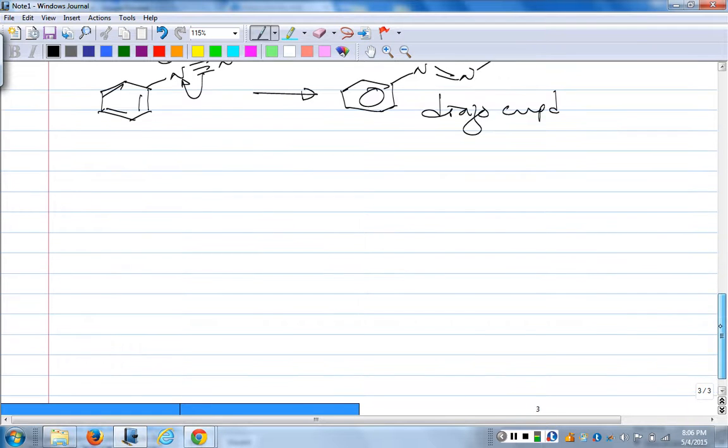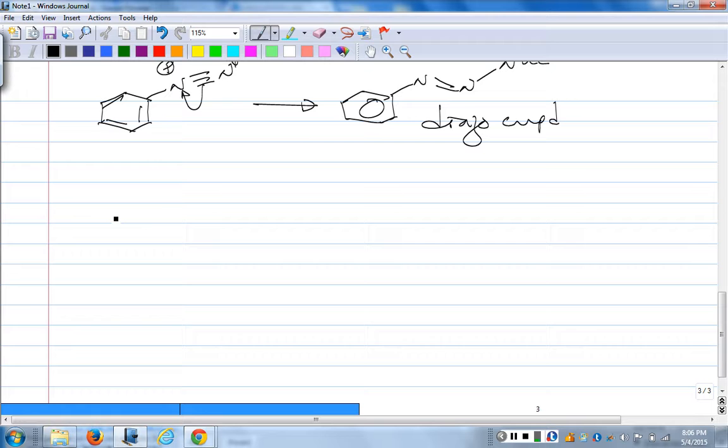The nucleophiles vary a great deal. The only ones we're interested in for this course is an activated aromatic. In other words, a benzene ring with either a phenol or an aniline, either an OH group, which is a phenol, or an amino group, which is an aniline attached to it.